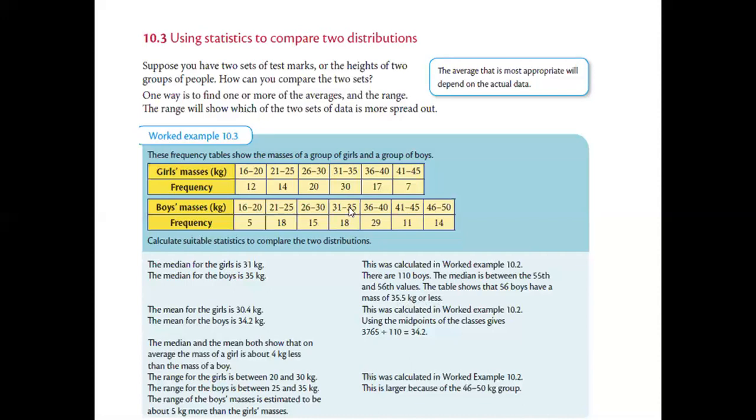So here also, the 55th student in this group, if you calculate from this side, is included in the 18. That's why you should take 35. The table shows that 56 boys have a mass of 35.5 or less, maximum 35. The median for the boys is 35.5 or 35.